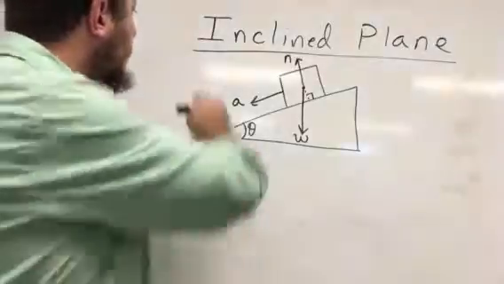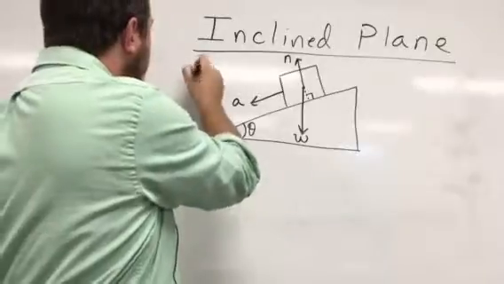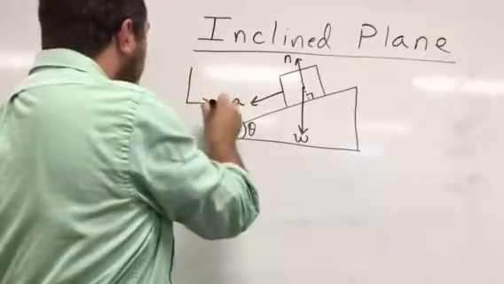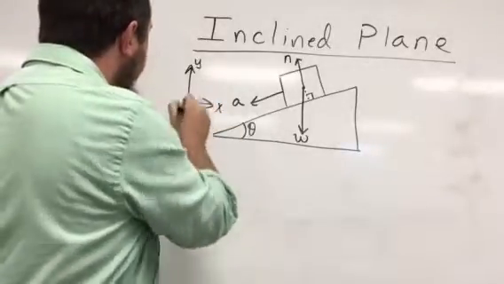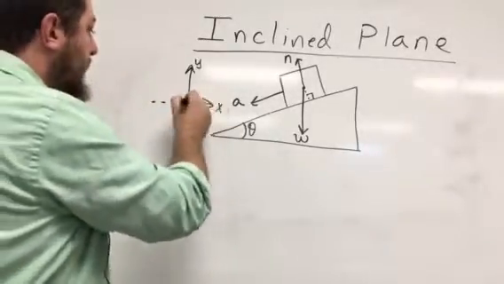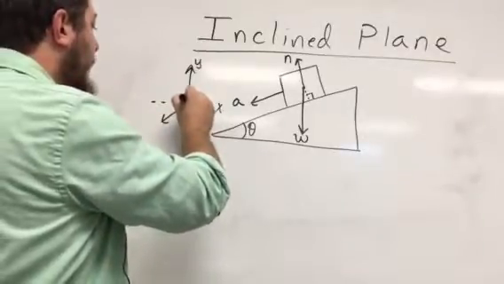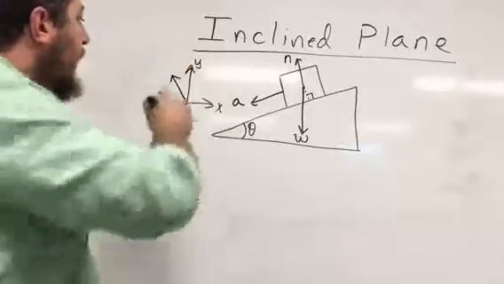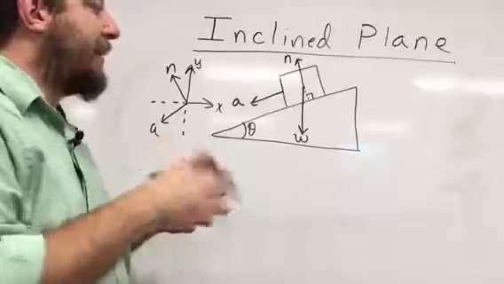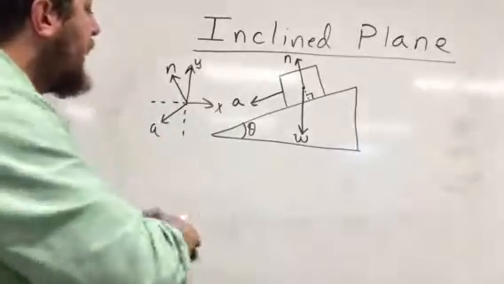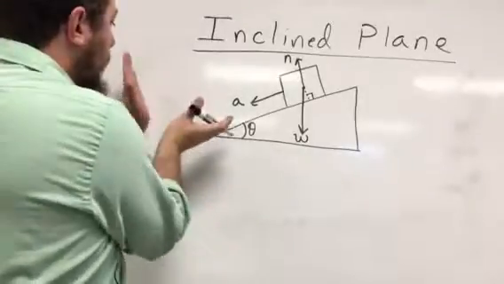I don't necessarily want to put x in this direction and y in this direction, because then if I were to extend this out, I would have my acceleration coming off at some angle like this, and my normal force at a right angle to that, like this. And so my acceleration and my normal force would both have individual components, and I would have to figure out what those components were. It actually simplifies things if I rotate my coordinate system.